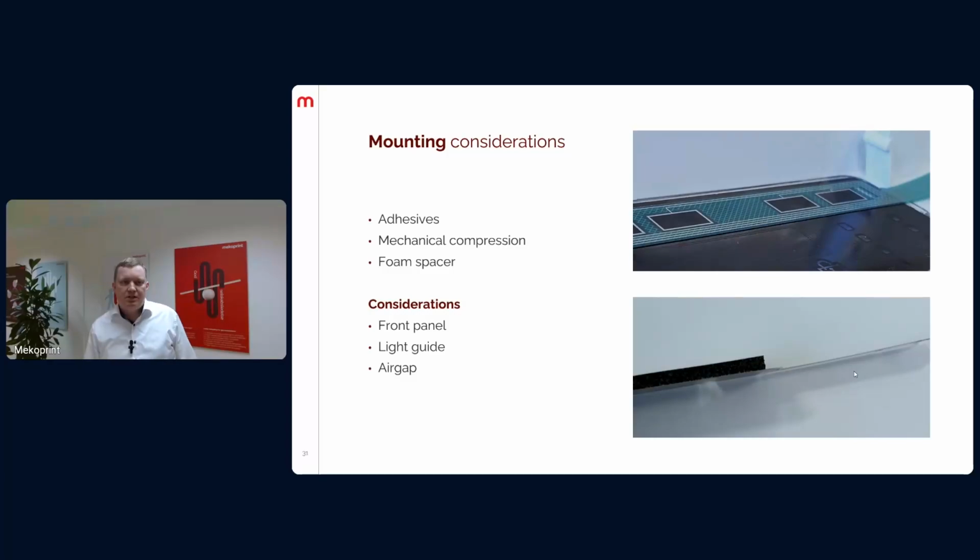And finally, we need a way to mount the touch foil into the design. So here we see that 95% of our customers use a double-sided adhesive as a way to mount the touch foil into their assembly. Using adhesive, you can relatively easily ensure a stable and repeatable distance from the touch electrode to the user interface.